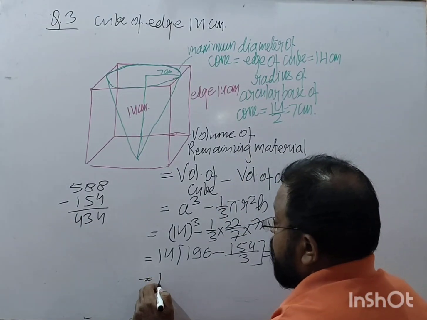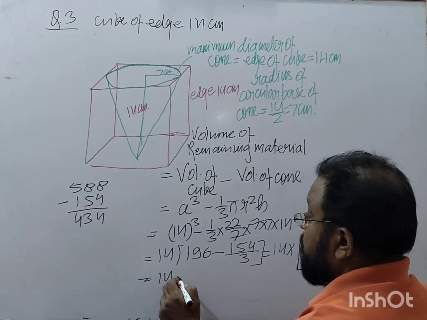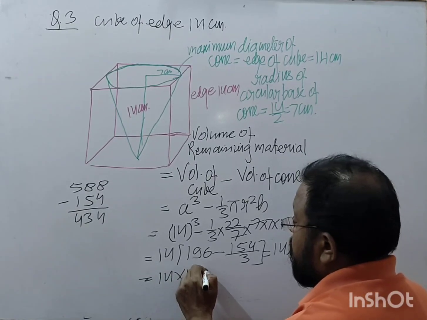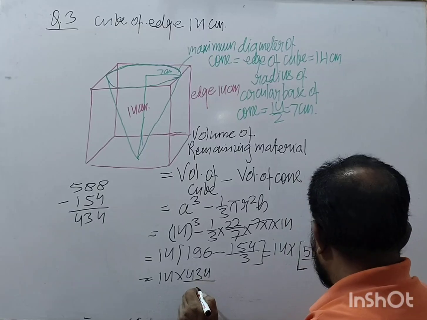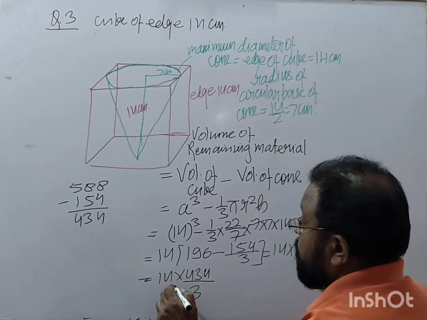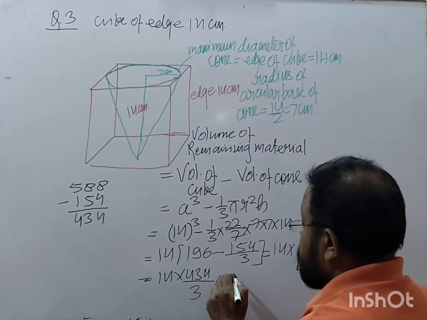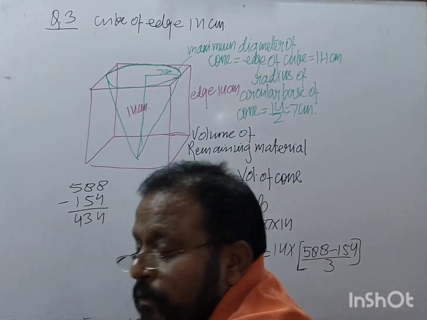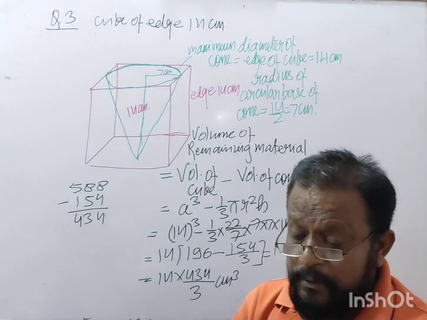So you get 14 into 434 upon 3. Is it? Yes. Centimeter cube. Now, what will be your answer?